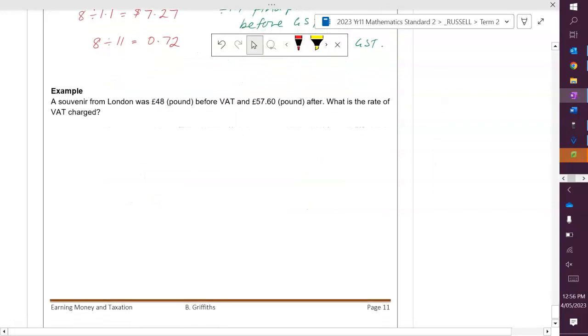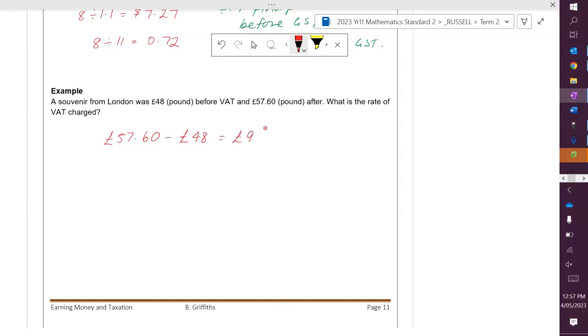Last example, a souvenir from London was £48 before VAT and £57.60 after. What was the rate of VAT charged? So we have £57.60 minus our £48, and that gives us a total of £9.60.